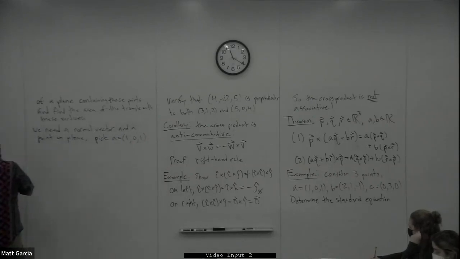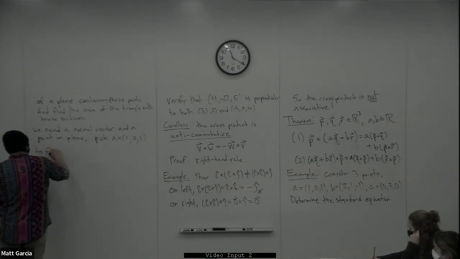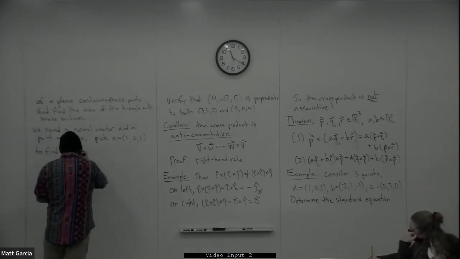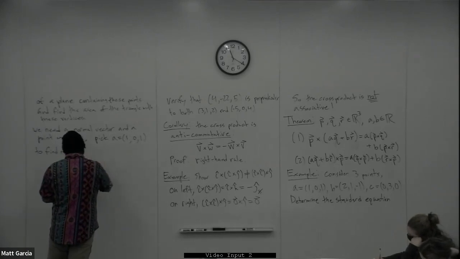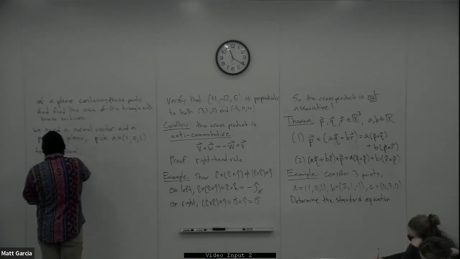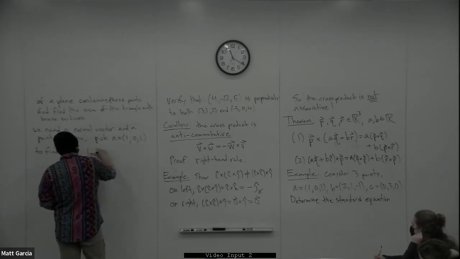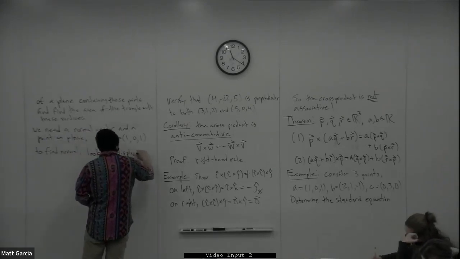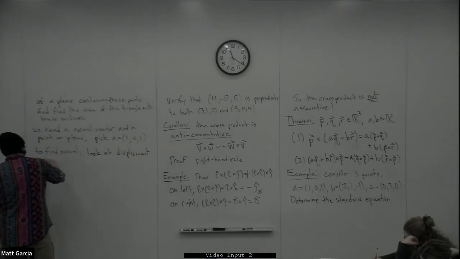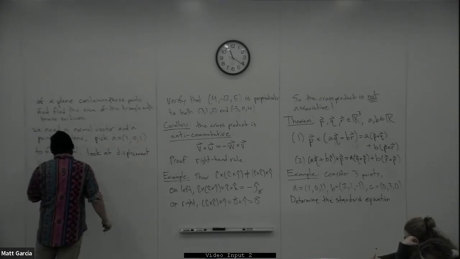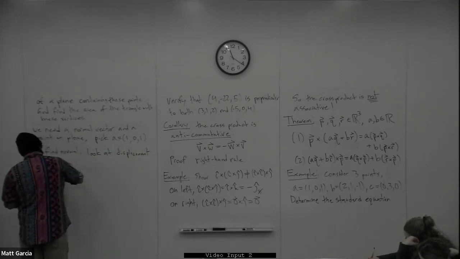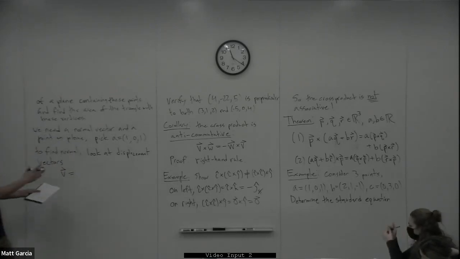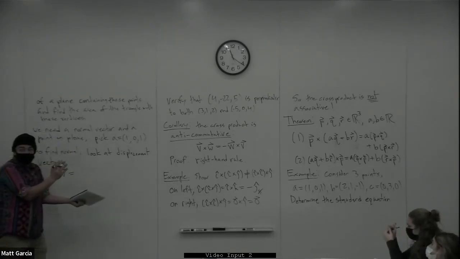So to find the normal, what do we do? Look at the displacement vectors. Let's say V, and I'm just picking two of the displacement vectors that have a common vertex, right?